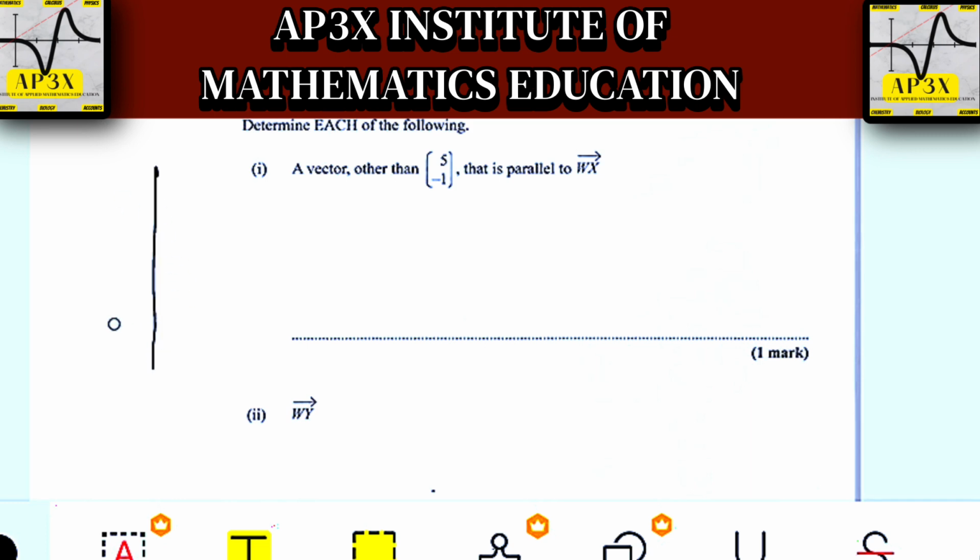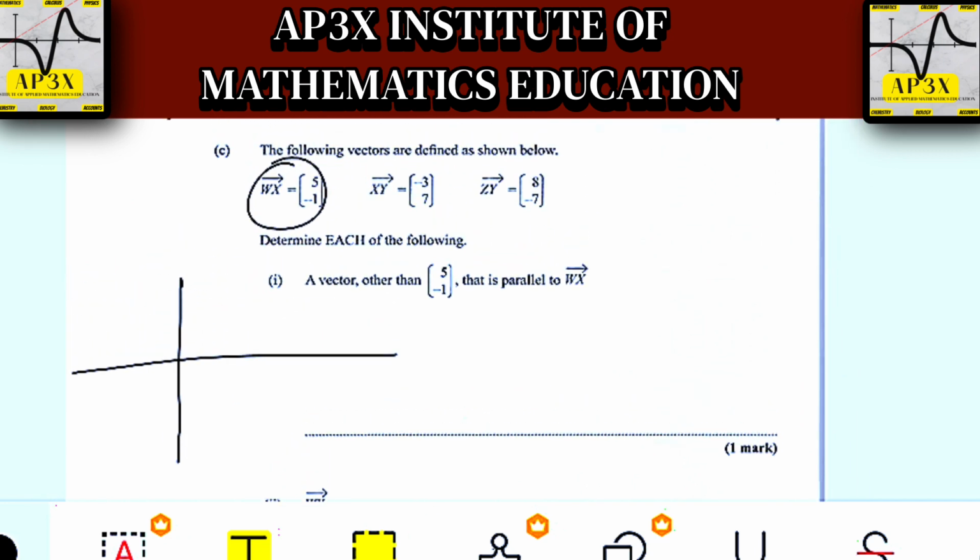So if I draw a Cartesian plane here and make some sketches, since WX is a free vector, I can pretty much put my W anywhere. So I'm going to go here, 1, 2, 3, 4, 5, and 1, 2, 3, 4. I'm just going to put my W right here at this position, and you can do the same thing as well.